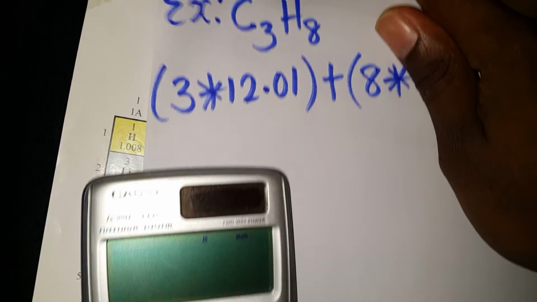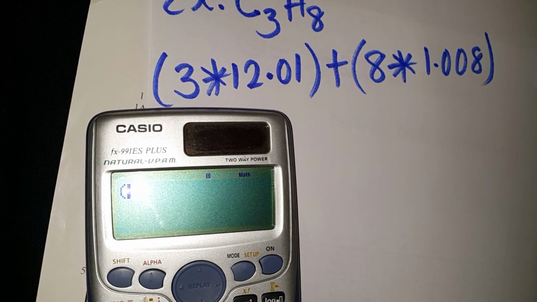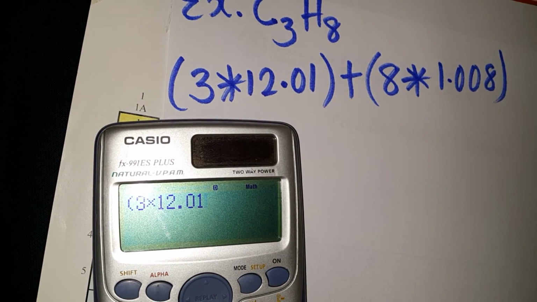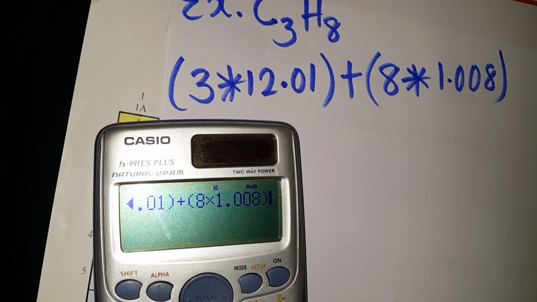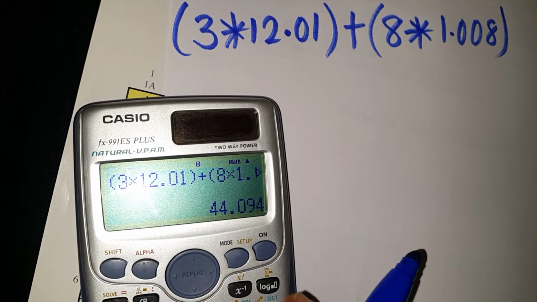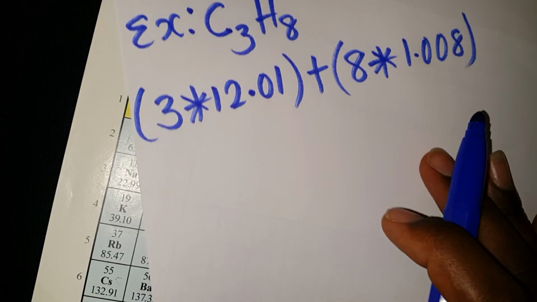We have 3 multiplied by 12.01 plus 8 multiplied by 1.008. So our answer is 44.094.